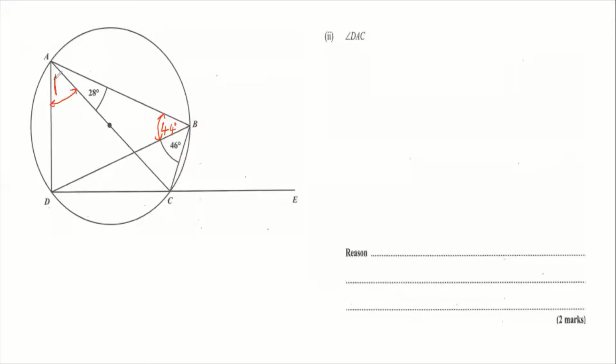It's the angle that they want us to find. So we must be clear in our head to know what we want to find. All right, so this is all the information that we have so far. How can the information that we have here help us to determine this angle?